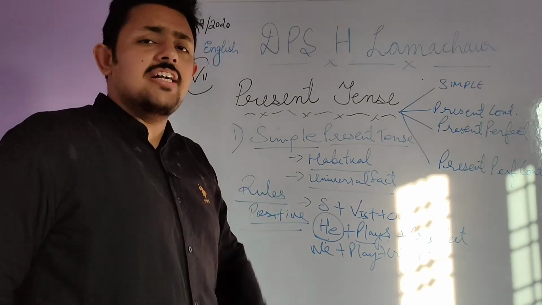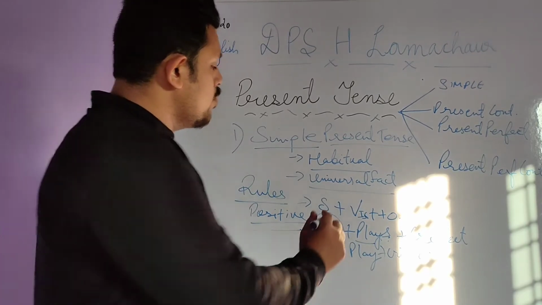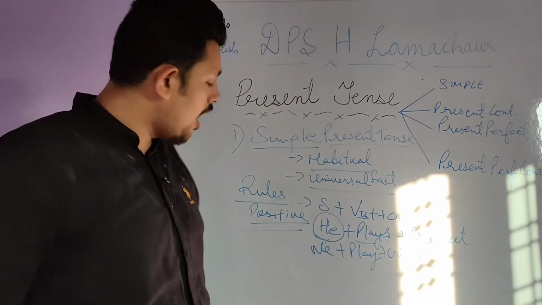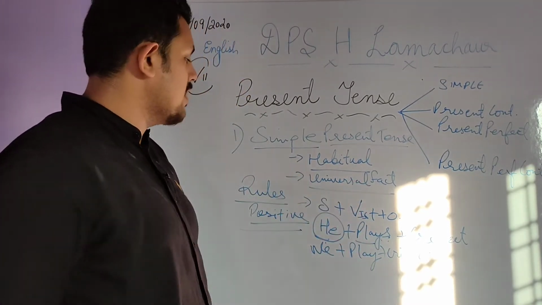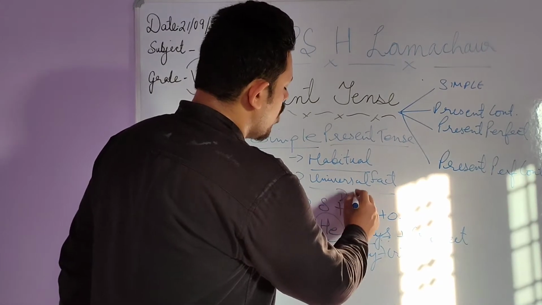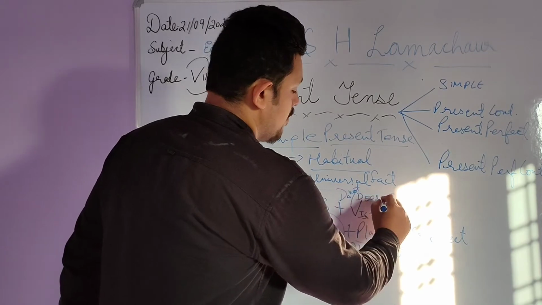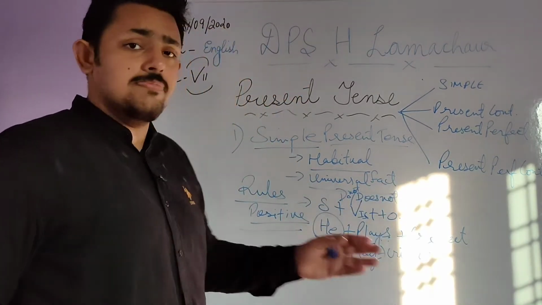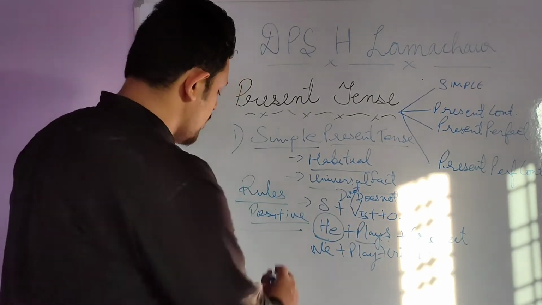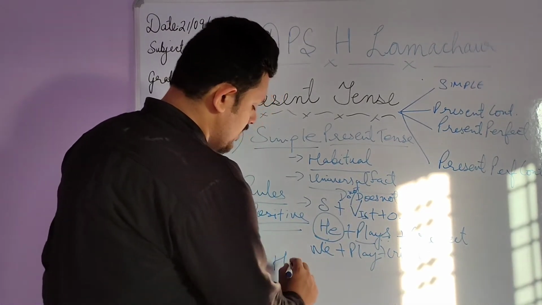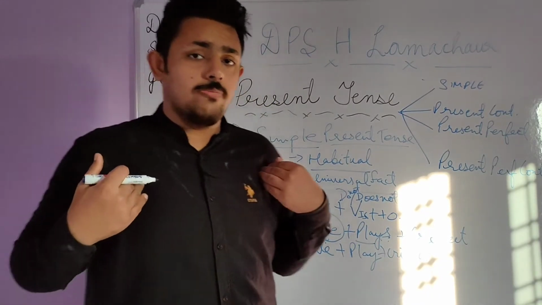So it is the rule of positive sentence. For the negative sentence, the rule is very simple. We use the negative term here: do not or does not before the verb. Subject plus do or does not plus verb plus the object. So what comes with he? I don't play cricket.